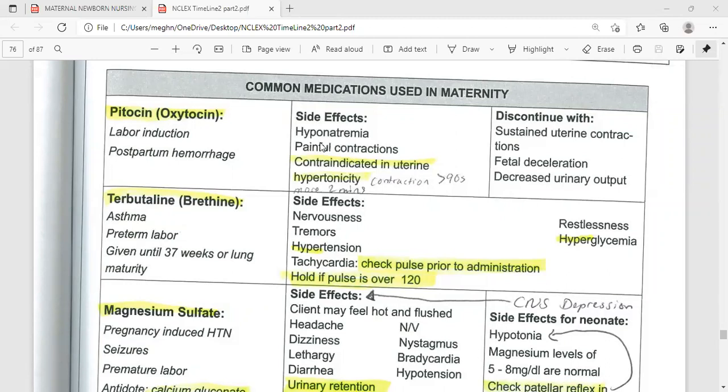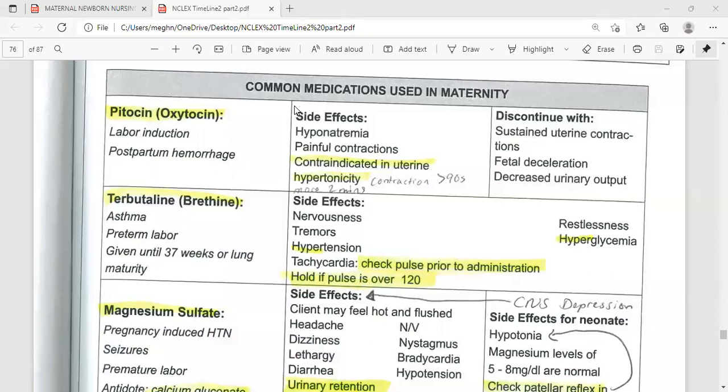Also, it can cause excessive painful contraction, tetanic contraction, sometimes oxygen decrease in the fetus, or can cause cardiac dysrhythmia. Even pitone can cause irregularities in fetal heart rate, or a few mothers complain of nausea and vomiting.